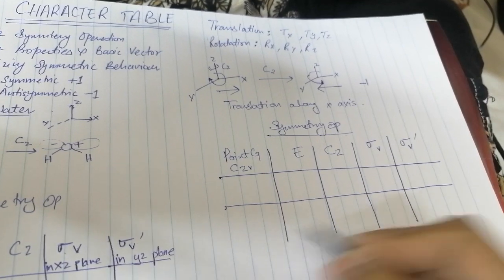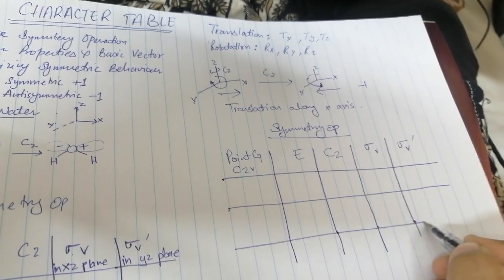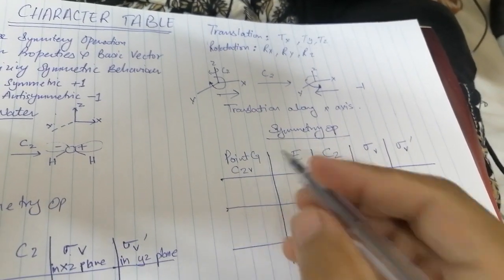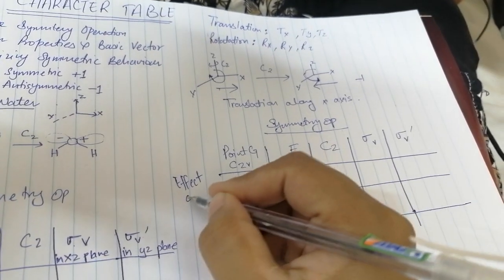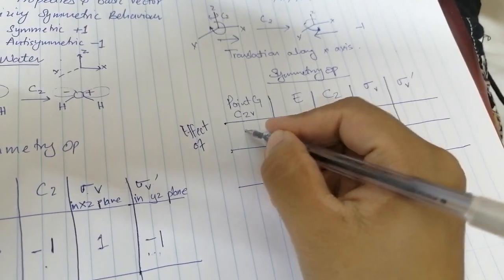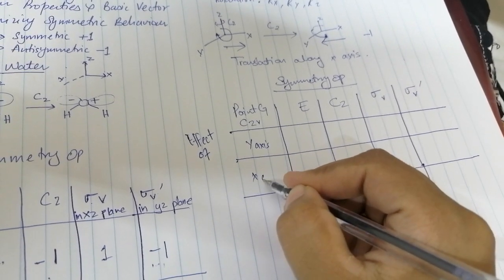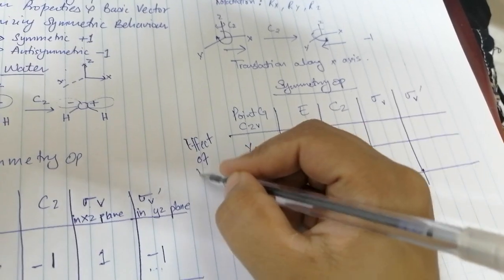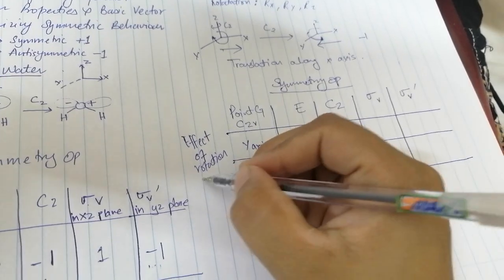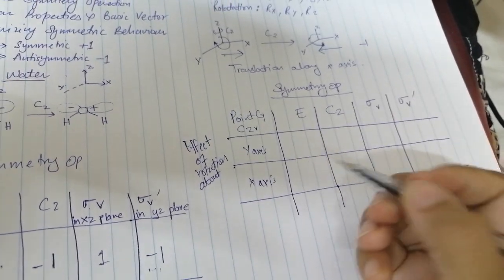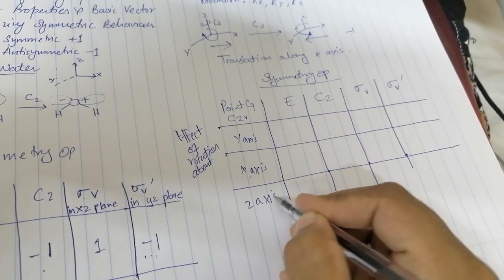There were 3 axes. I'm going to draw 3 columns. Okay, right. So I'm going to write here effect of rotation about the y-axis, effect of rotation about the x-axis, and effect of rotation about the z-axis.